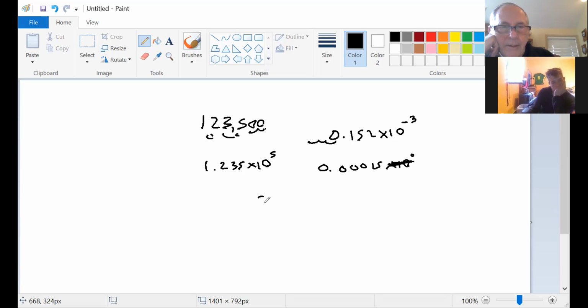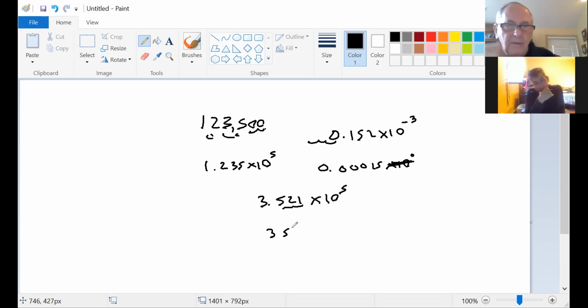What if I had 3.521 times 10 to the 5th? What would that be in standard notation? You would move it over 5 times to the right, right? 2, 3, 4, 5. So 3, 5, 2, 1, 0, 0.